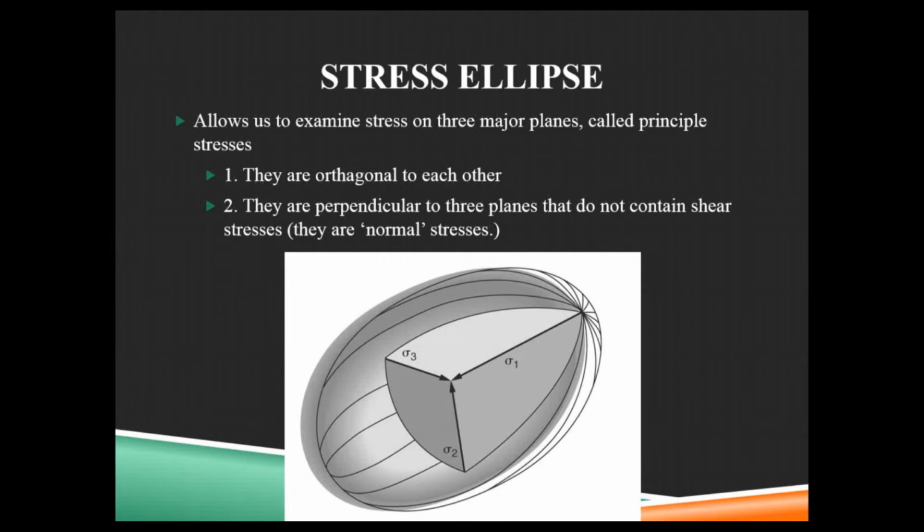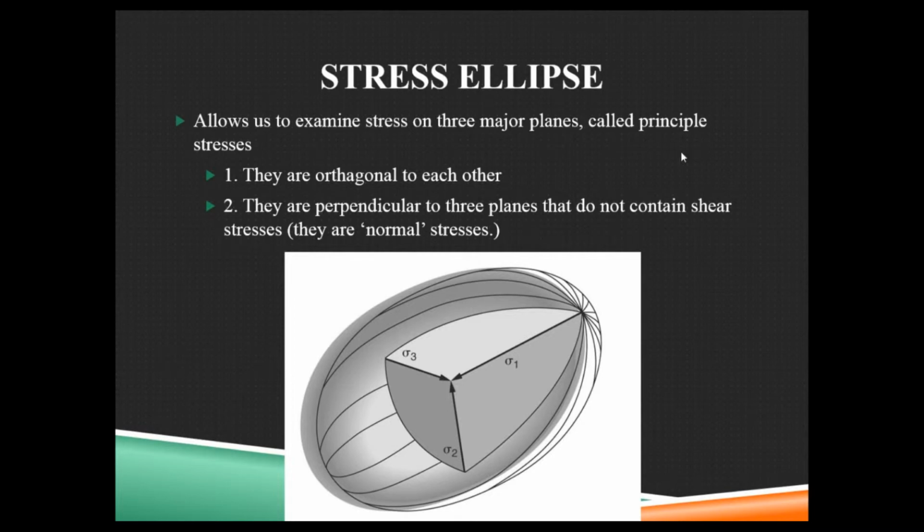And the length in the three axes, x, y, and z, are related to the strength of the stress. So sigma 1, the biggest stress, is the long axis of our ellipse. Sigma 3 is the small one, so it's the narrowest part. And sigma 2 is something in between.